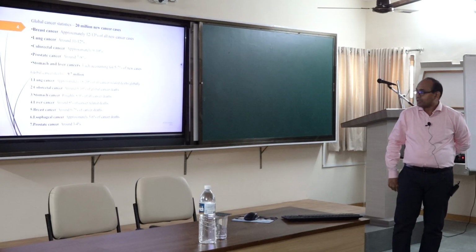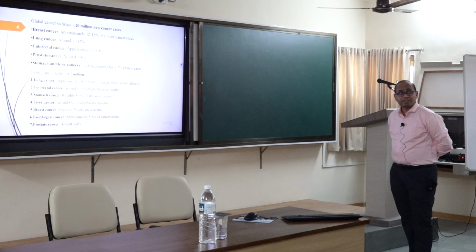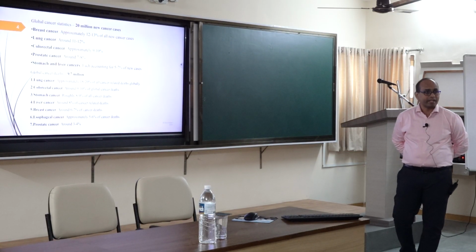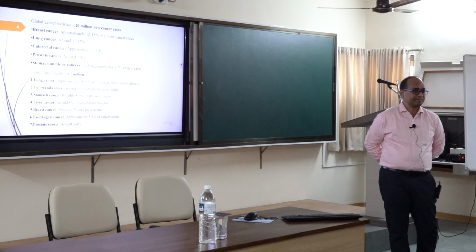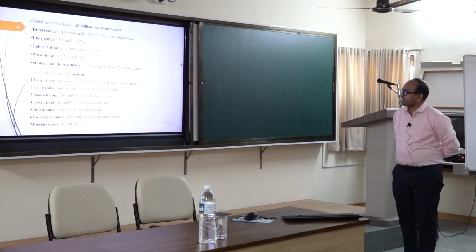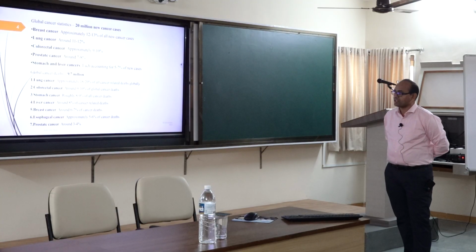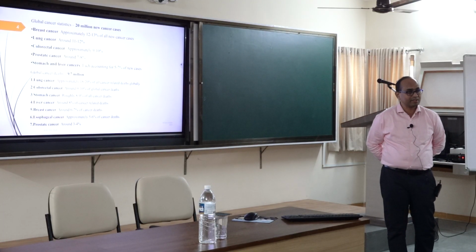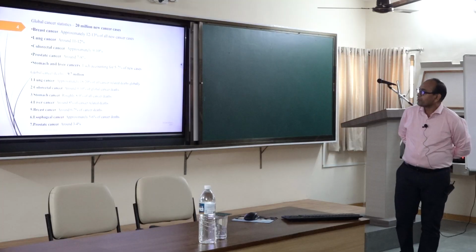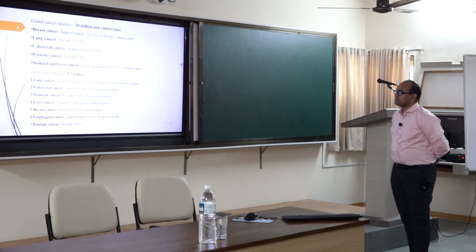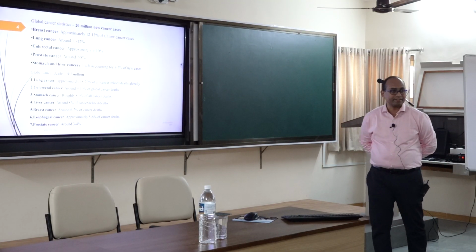Almost 18 to 20% of the deaths due to cancer are related to lung cancer. And then next come colorectal, stomach, liver, and breast cancer. Fifth position is breast cancer as far as the deaths are concerned. Esophageal cancer and prostate cancer are on the lower side.